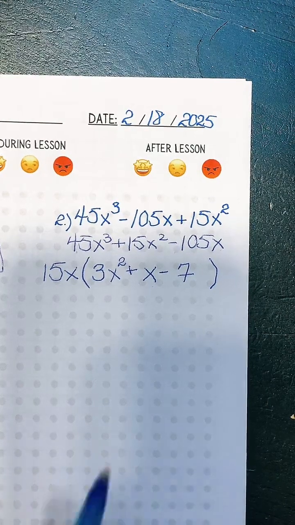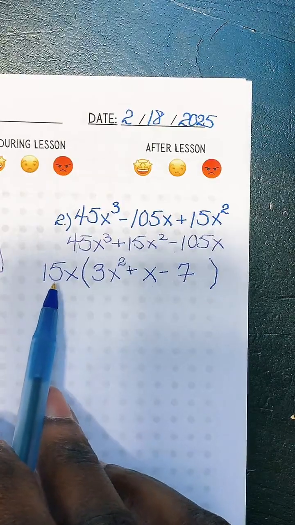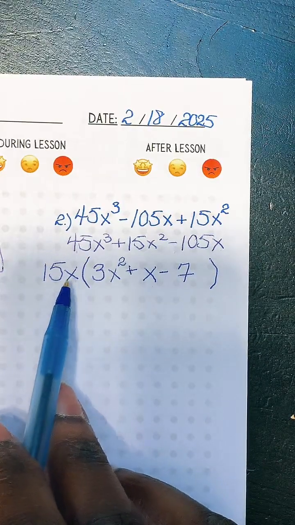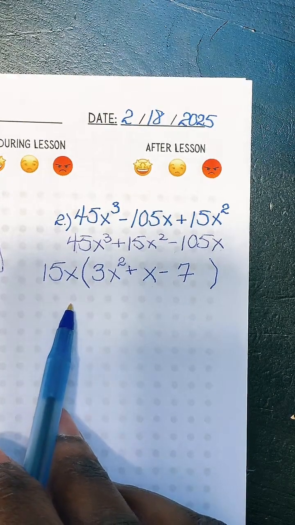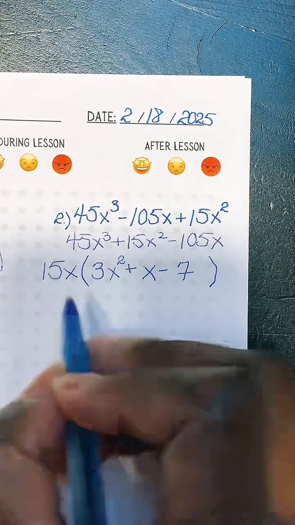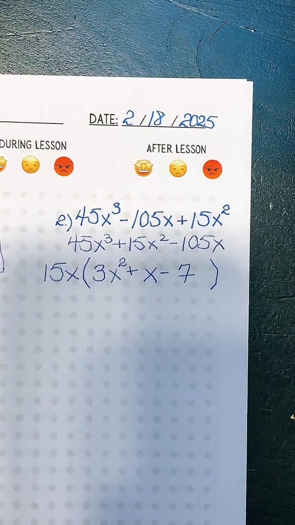All right. So did you get the GCF? How we got the 15x? We're not using 5 because 5 wasn't the greatest common factor. All right. So if I used 5, let me put this in pencil.